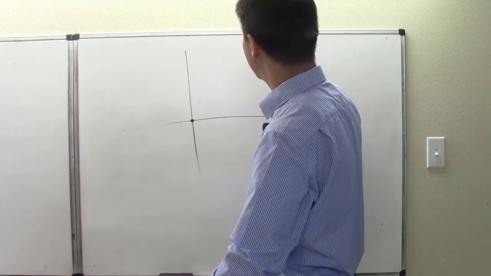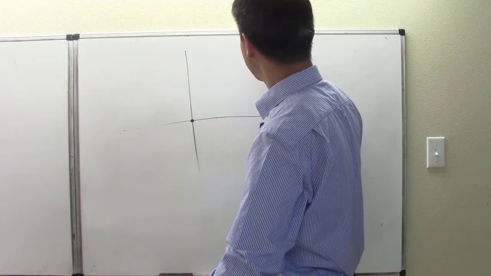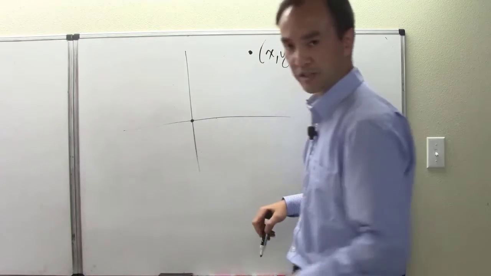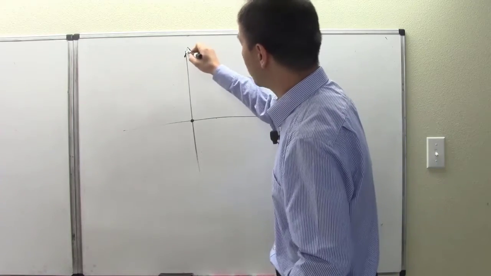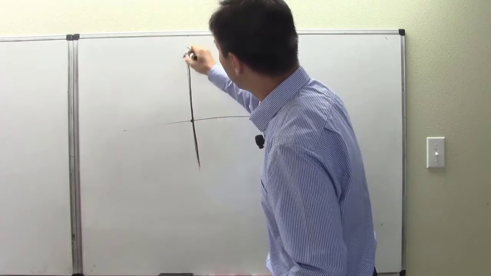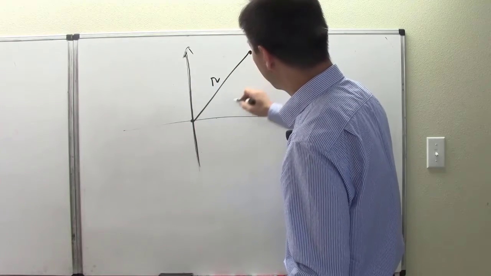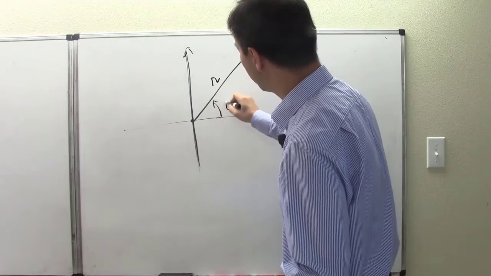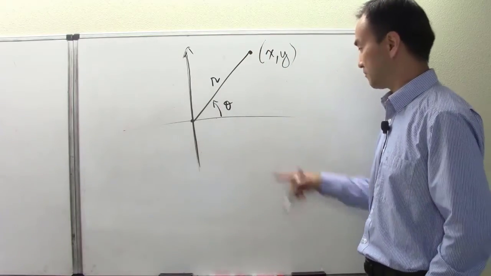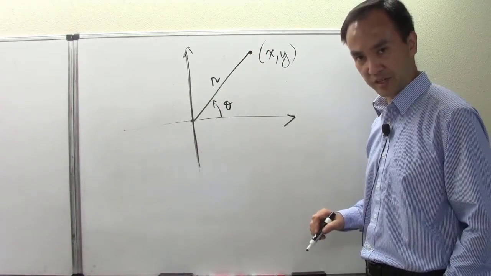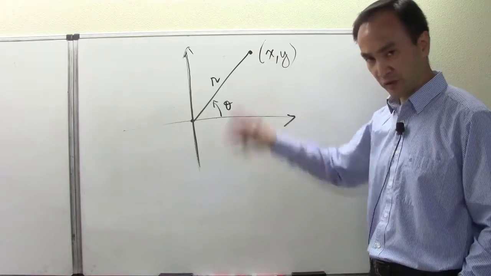Now any point has coordinates x and y in rectangular coordinates. But that same point right here can make radius r with some angle theta from the positive x-axis right here, opening in either positive direction or negative direction.